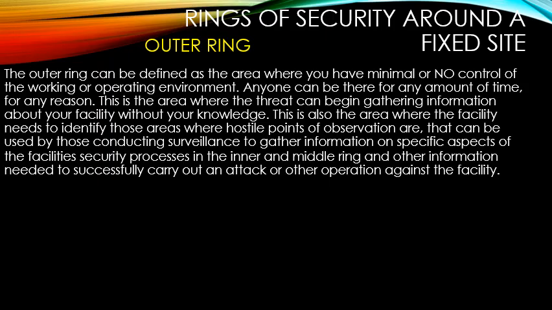So the outer ring. The facility with no control over this environment has no ability to stop and ask questions. Usually the outer ring is the area where you have no authority. So you'll need to take other measures of protection here.